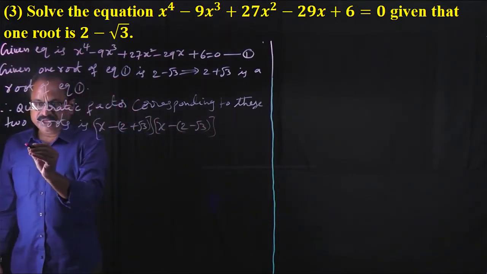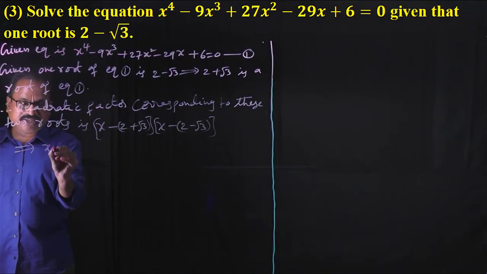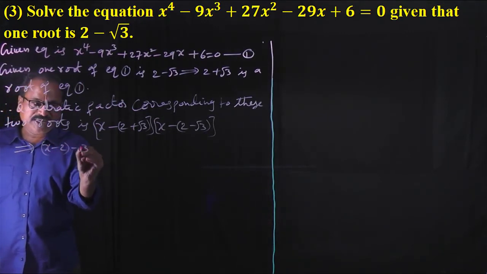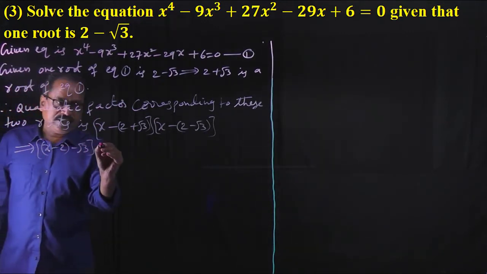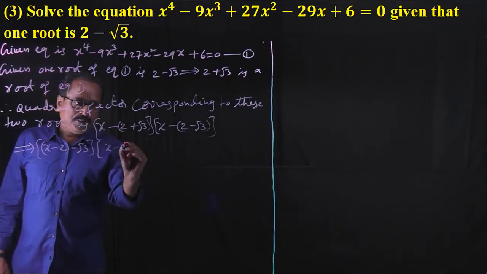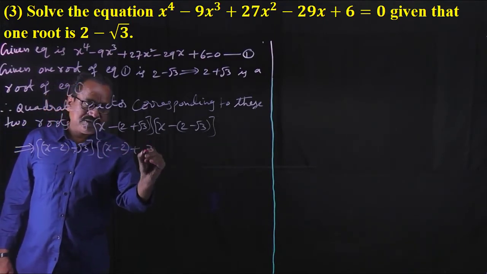So this implies x minus 2 minus root 3 into x minus 2 plus root 3.